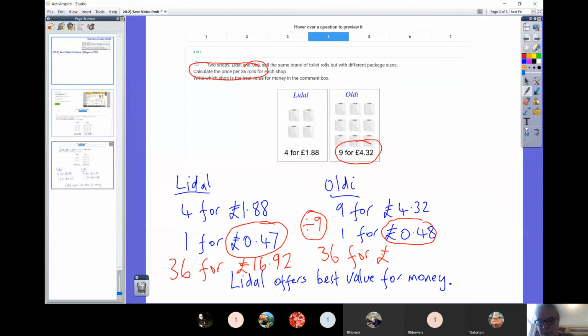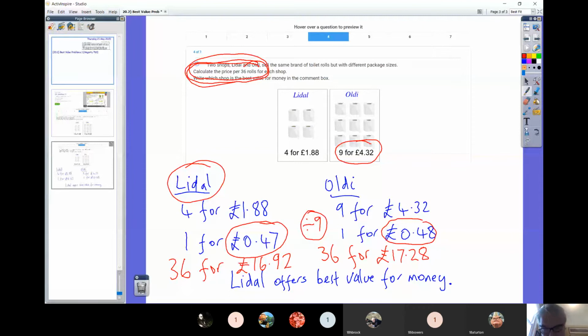Now, the question then says, write down the shop that is best value for money. Well, obviously it's best value for money if it's cheaper. So clearly Lidl offers you best value for money. Because this question specifically asked me to work out the price per 36 rolls, I had to do that.